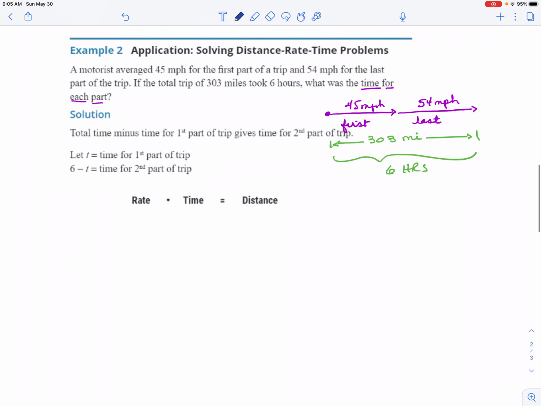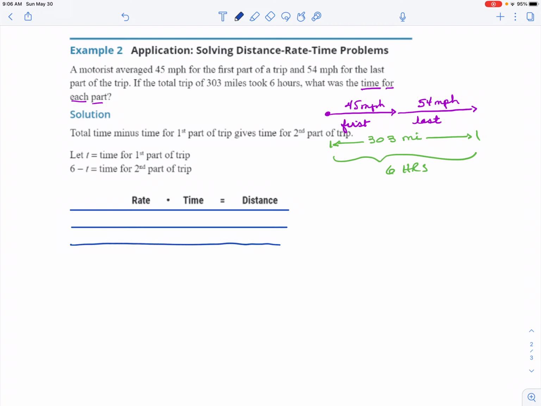I'm going to come down here to my rate times time equals distance. And again, remember I use that to help me establish what's in the chart.